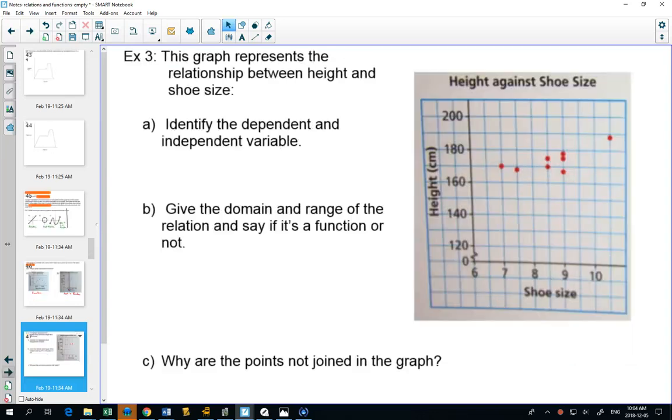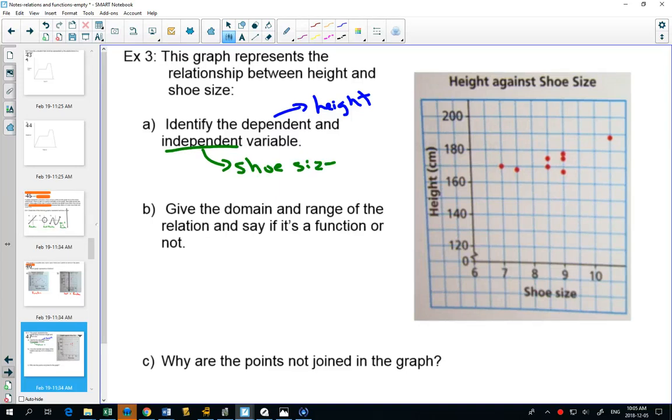Example 3. The relationship between height and shoe size. Identify the dependent and the independent variables. So remember, our dependent variable is always on our y-axis, and our independent variable is always on our x-axis. So in this case, the dependent is height, and the independent variable is shoe size.